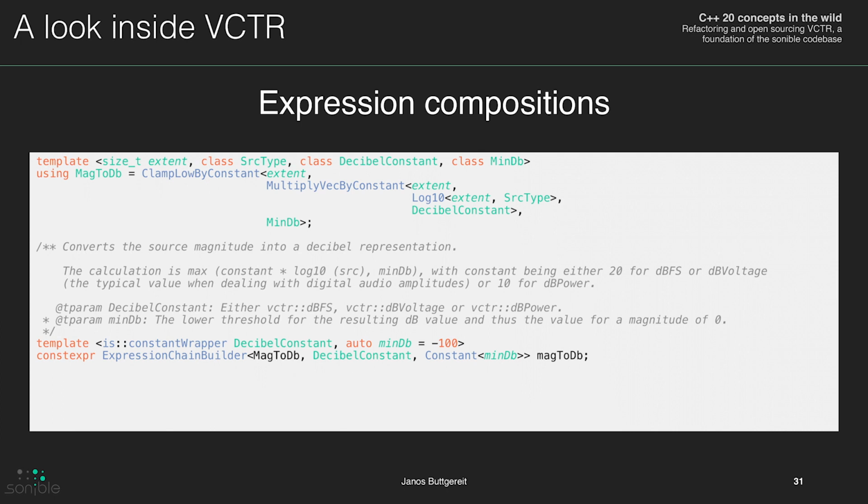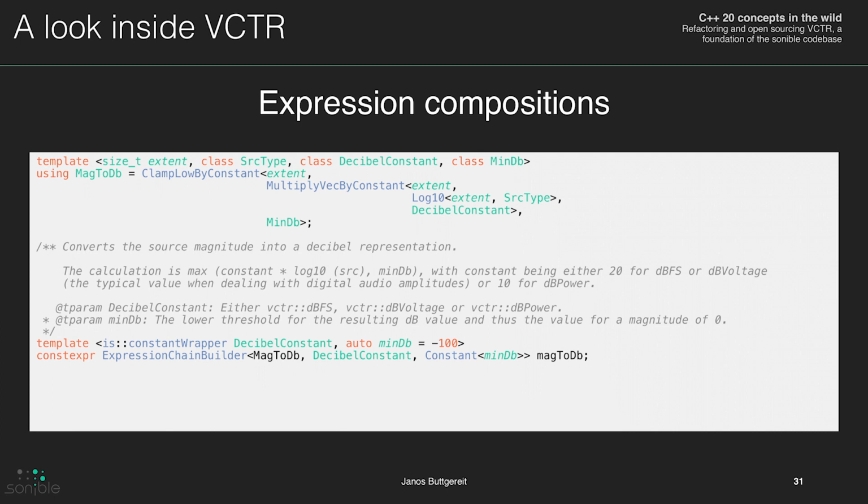Basic evaluation of a decibel computation. But yeah, we see I just nested these expressions manually here instead of building up the expression chain with the syntax that I showed before. And I can put this whole nested expression into this expression chain builder again and export it as an easy-to-use Mag2DB expression.